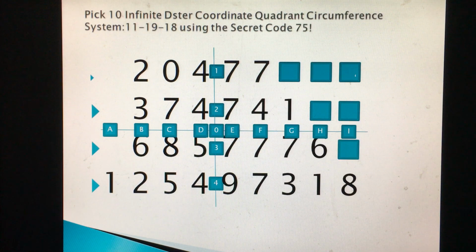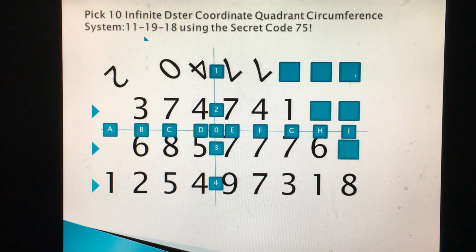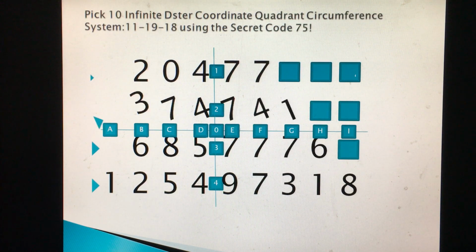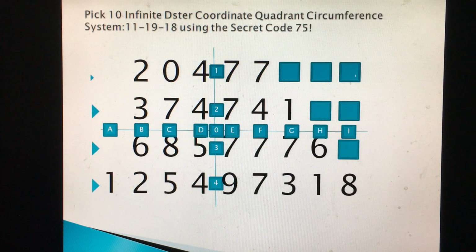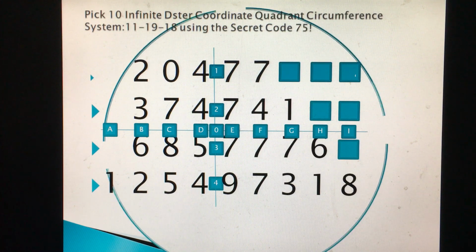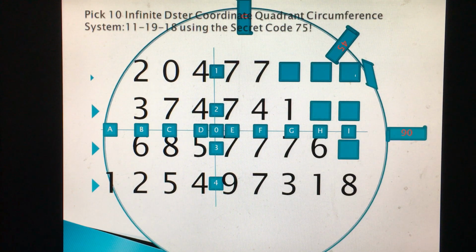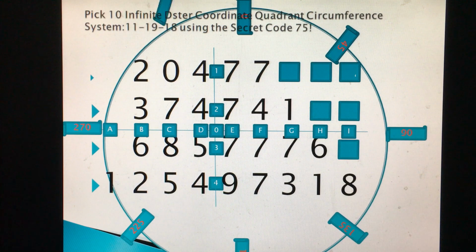So every digit is in the Dster, and let's look at the hitting point. And adding the circumference to the circle of the Dster. Now it goes from 0 to 360 degrees.